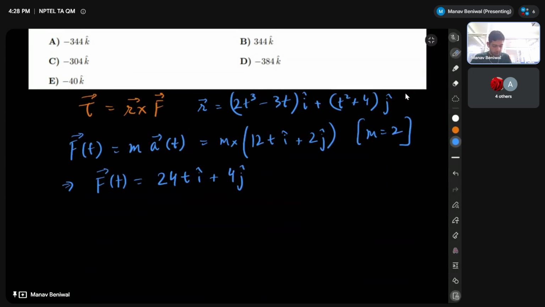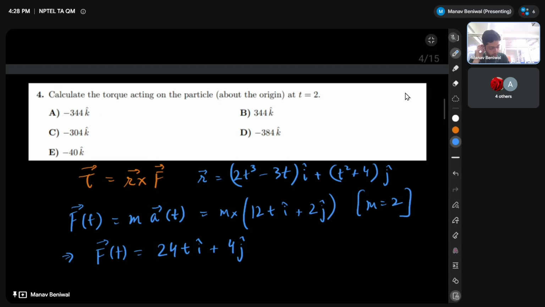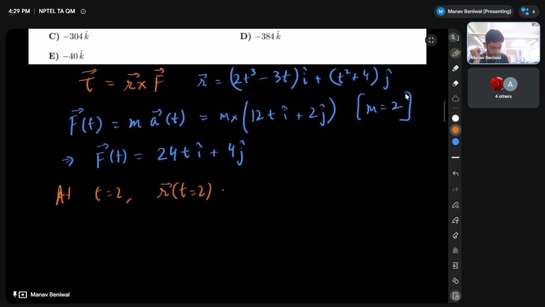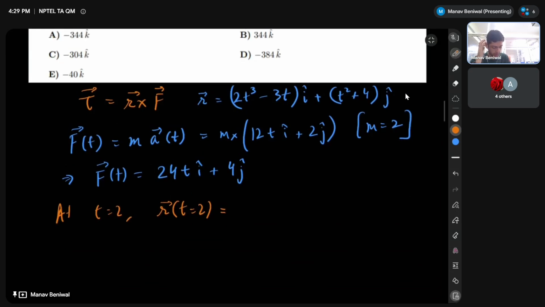Okay, so I have my R and I have my force here. So I have to calculate the torque about the origin at t equals 2. So at t equals 2, my R is given by, this will be 8, 16 minus 6, 10.